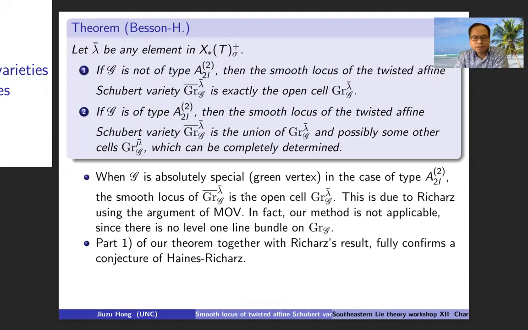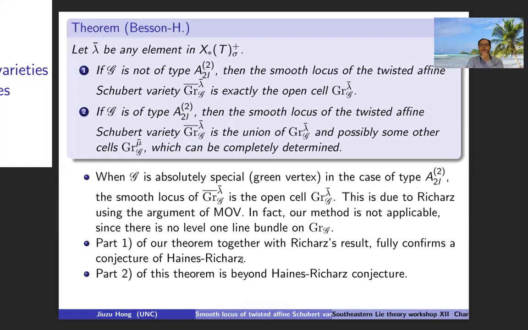And on the other hand, okay, let me mention. So part 1 of this theorem, together with the result of Richards in this special case, will fully confirm a conjecture of Haynes and Richards. So basically, this is exactly the case whose smooth locus has the big cell, okay?